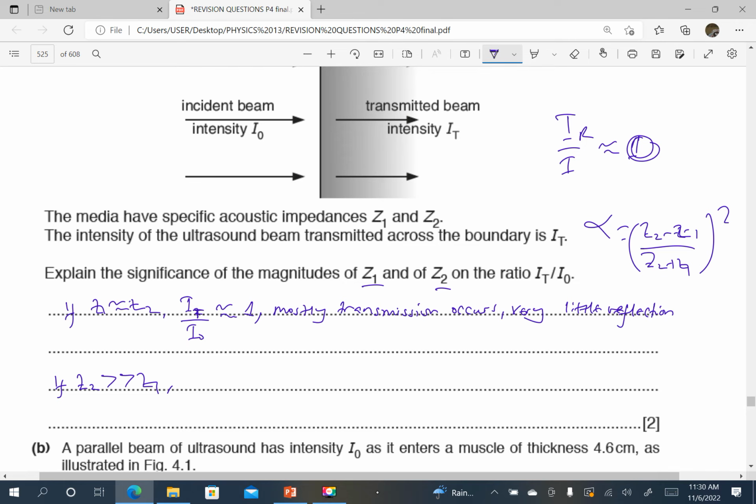When you divide, you get 1 for reflection. For transmission, it will be 0, because by conservation of energy, the ratios of reflection and transmission add up to 1. So the transmitted over incident intensity is approximately 0 because reflection is approximately 1. So we say mostly reflection occurs and little transmission.